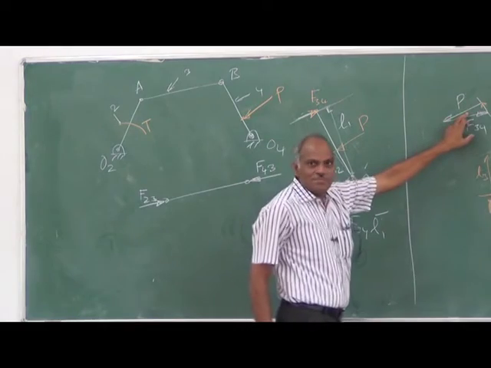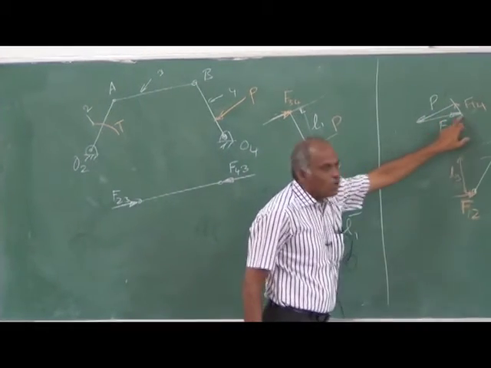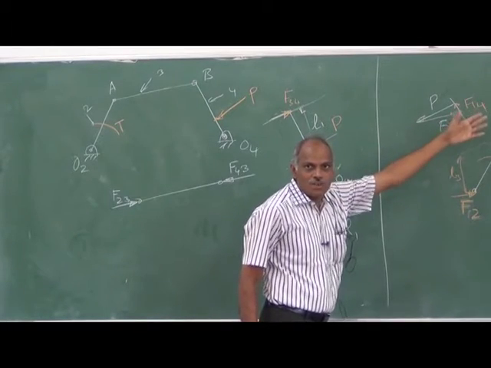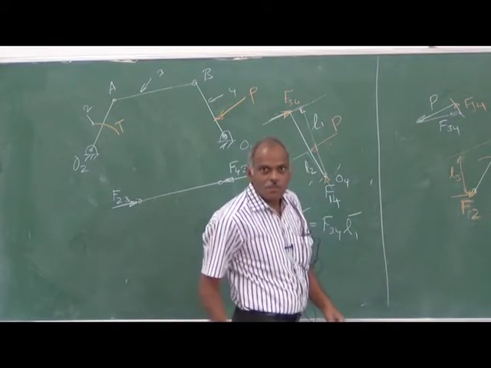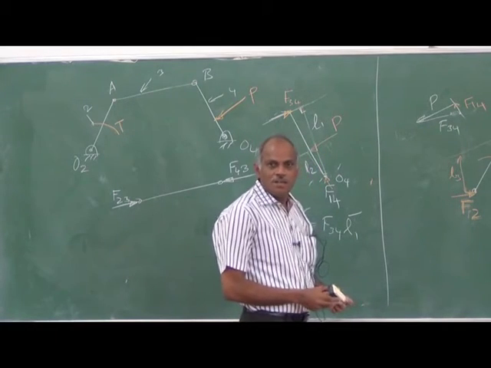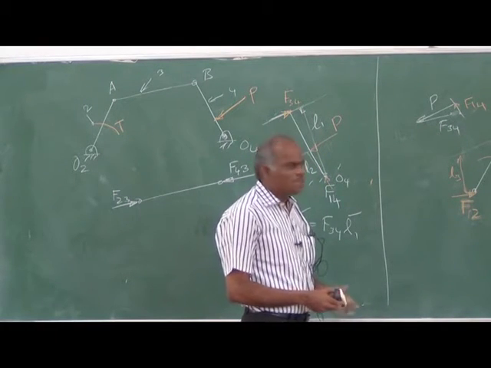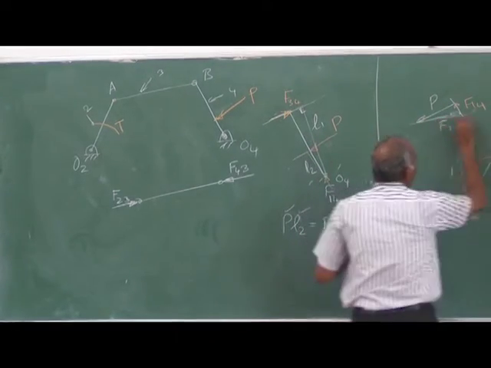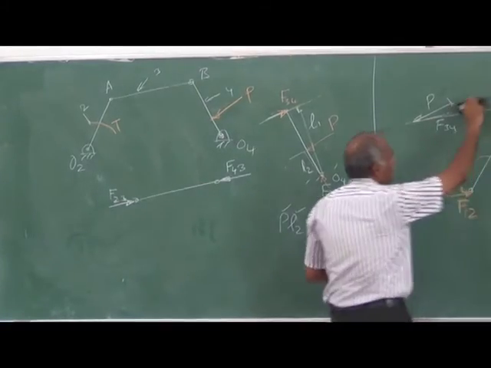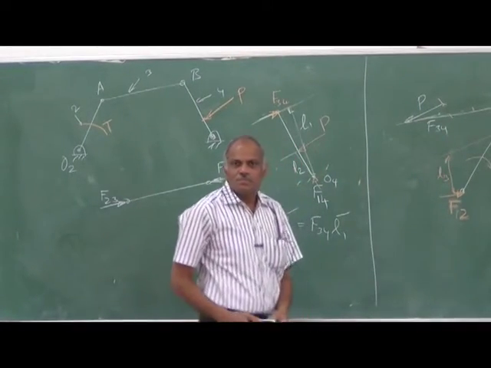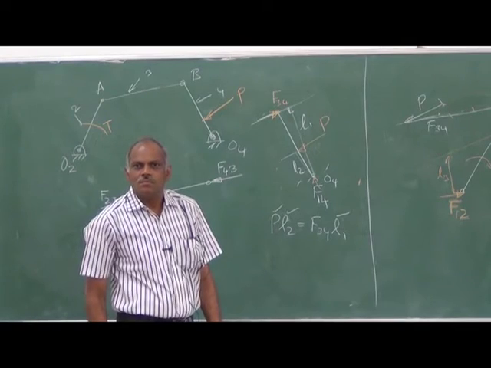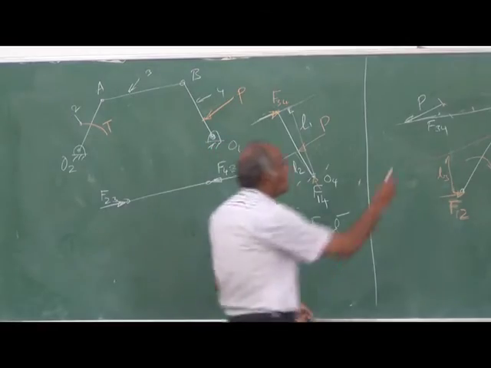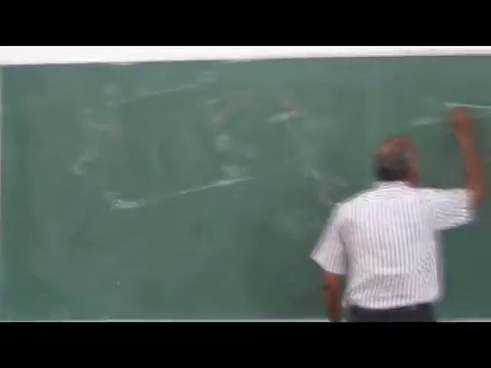I draw P. This direction alone is known, but where to stop it? The arrowhead is not known. I have drawn P. For F34 only the direction is known. I can extend it like this, but where will it end? I can close it like this, or like this, or like this.